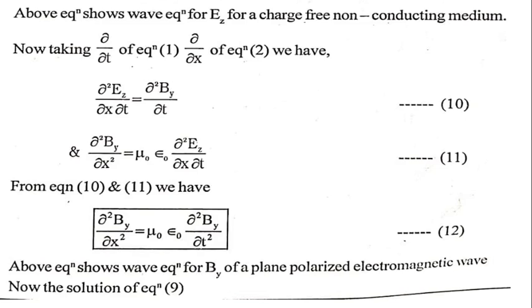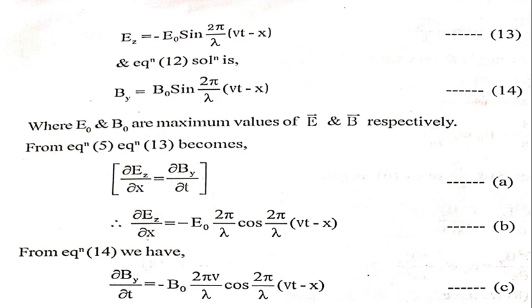Now the solution of equation 9 is Ez equal to minus E0 sine of 2 pi upon lambda into V t minus x, and the solution of equation 12 is By equal to B0 sine of 2 pi upon lambda into V t minus x, where E0 and B0 are the maximum values of E bar and B bar respectively.